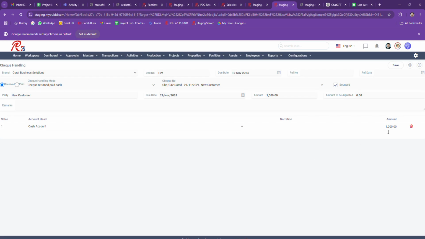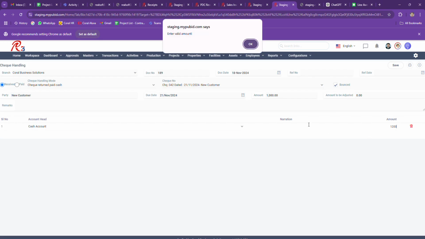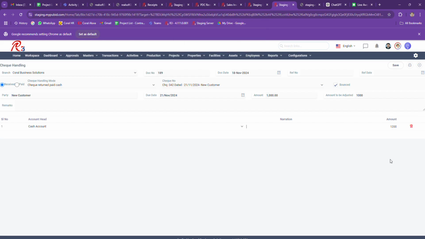So this is bounced, and now this facility is not added here. There should be one facility to increase this amount to more than this. I think here you can specify 1000. Yeah, you can change this amount. So if it is 200, the bank charge can enter a valid amount. Okay, it won't allow you to enter more than this 1000 only.